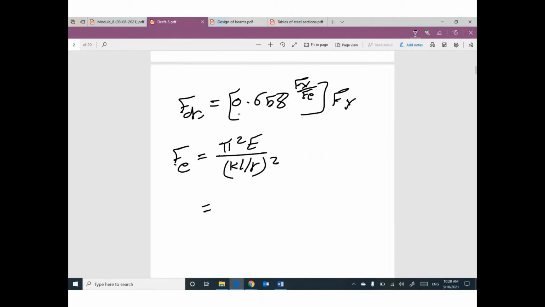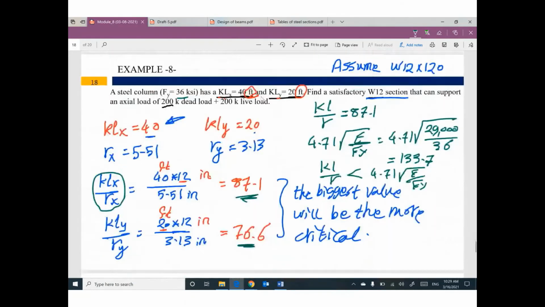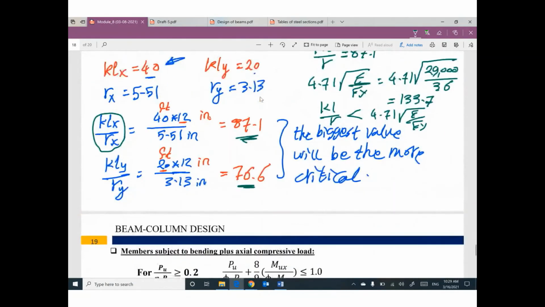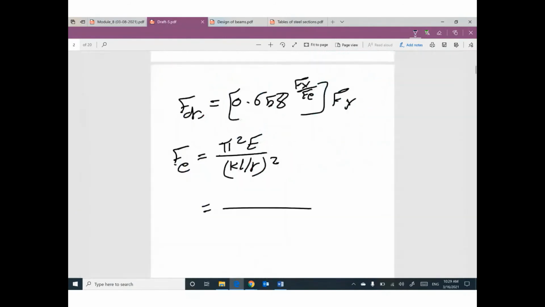You will ask me, hey, which KL divide R? We decided which one is more critical, the biggest one. So, pi square E, 29,000, KL divide R 87.1 square.